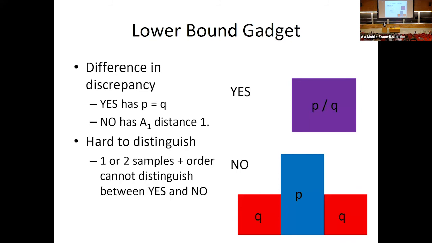On the other hand, they're hard to distinguish in the sense that if you use an order-based tester, there is no way that taking two samples from these distributions will tell you any information whatsoever about which case you are in. Basically, because if you take a sample from P and a sample from Q, in both cases, it's equally likely that P will come first or Q will come first. And that's all an order-based tester could ever tell you.